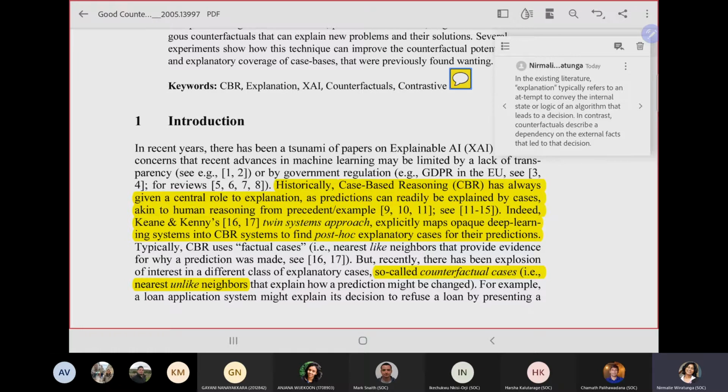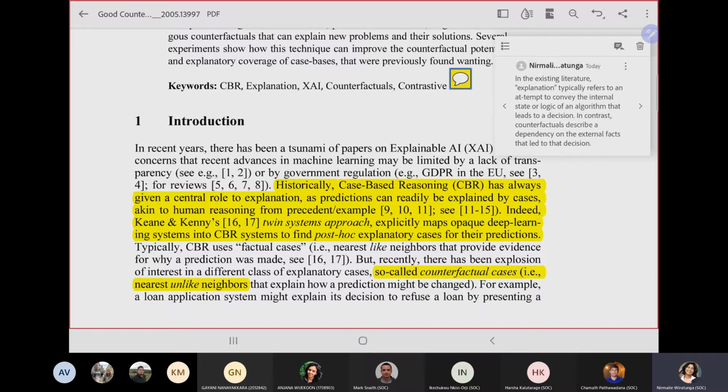A lot of that paper focused on how we can make sure that the deep learning model's inputs and outputs link up with what the twin CBR system provides. Because if the two systems are doing two different things, then you cannot use the CBR system to explain the deep learner. So they used various metrics to prove that there was a strong alignment between the two.